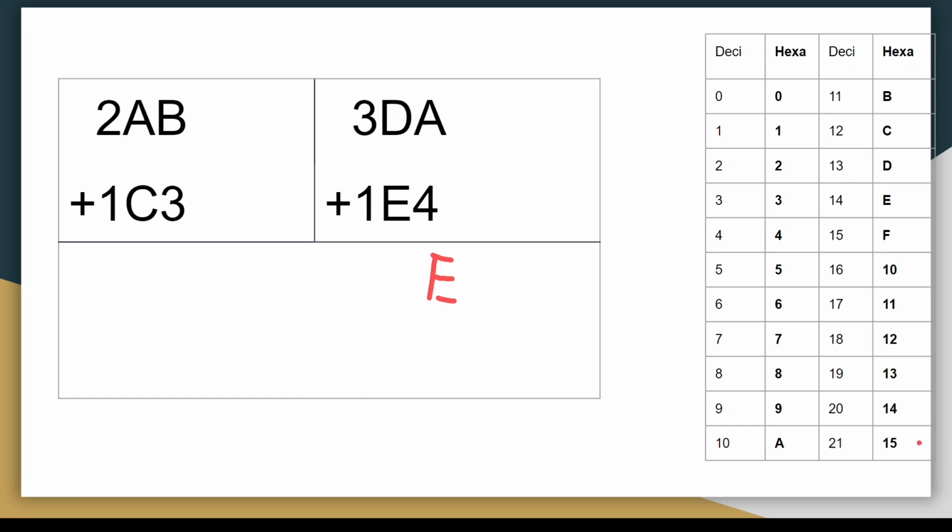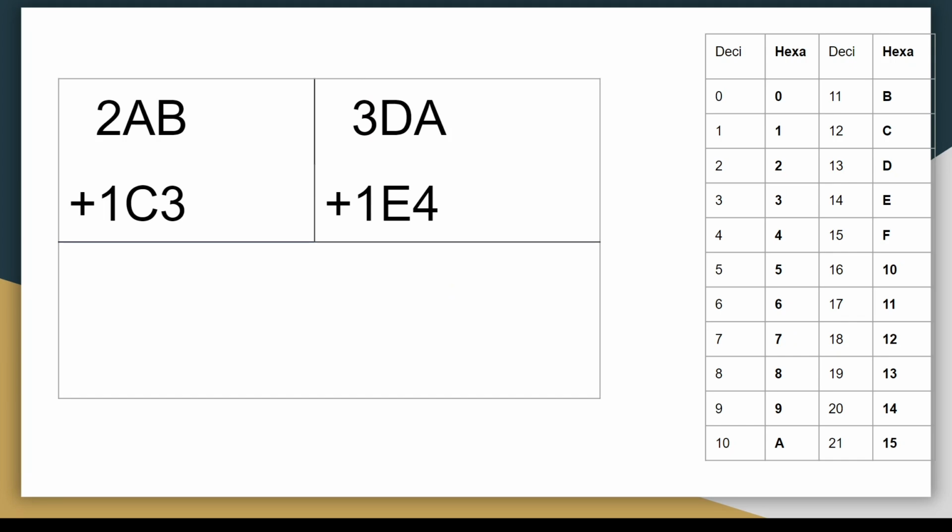So 15 plus 6 would normally be 21, but this is hexadecimal, so it's actually 1b. So we put a b here and 1 here. 1 plus 3 plus 1, that's normal. It's 5, so 3da hexadecimal plus 1e4 hexadecimal is 5be hexadecimal.